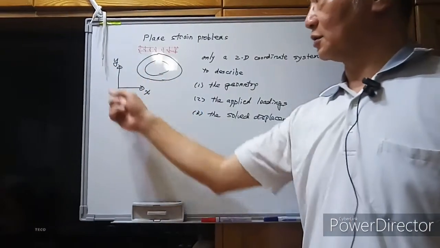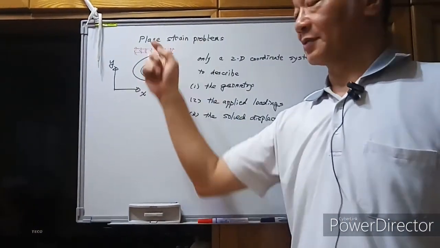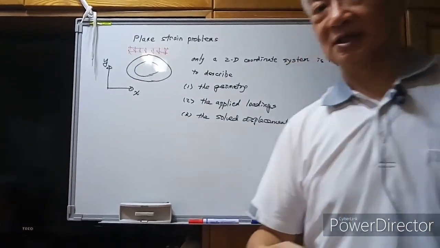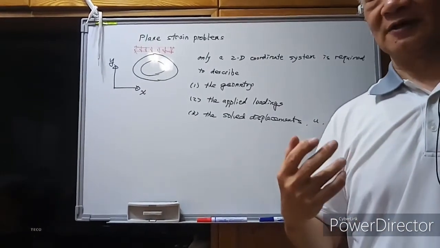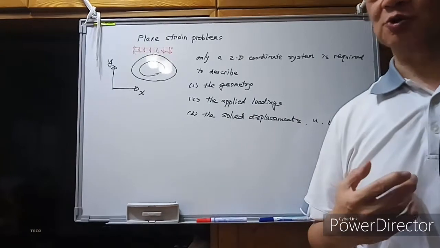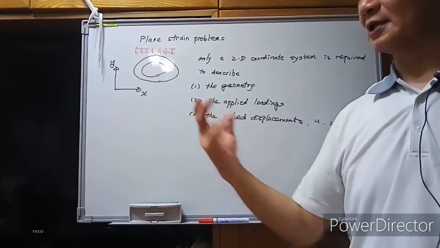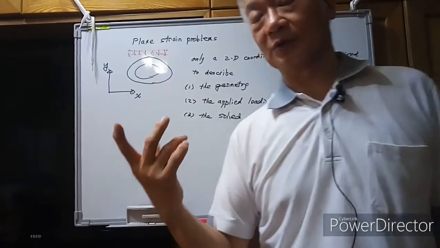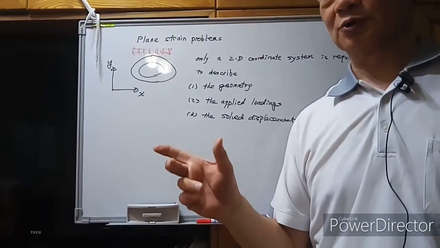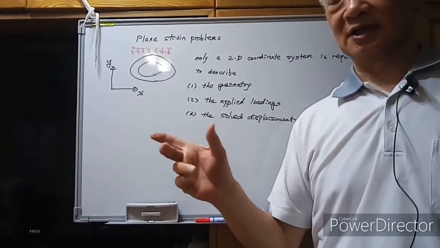Okay, so usually we consider the plane strain problems. It is a two-dimensional problem. It is the same as the plane stress problem, since for plane stress problems, also we need only two-dimensional coordinates on the xy plane.